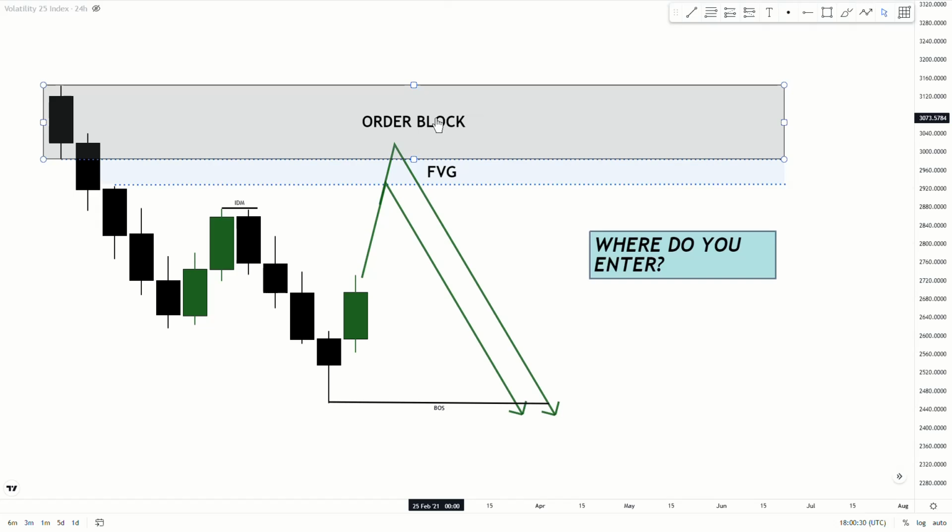The thing is, the price can actually give a short-term reaction to this fair value gap. The price can go all the way into the order block, retrace like 50% of this movement, then go back to the order block, react to the order block, and then go to the downside.